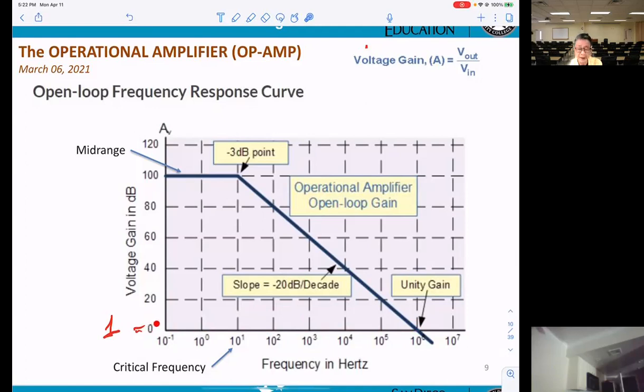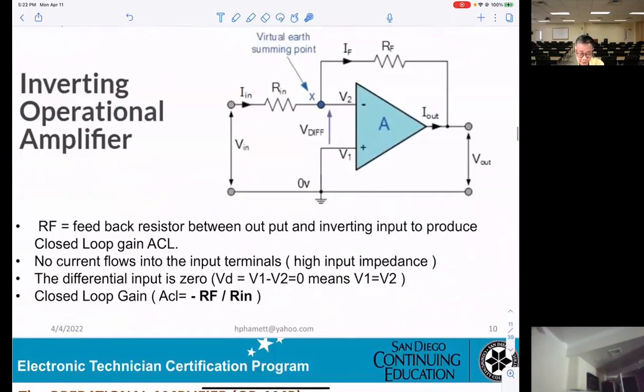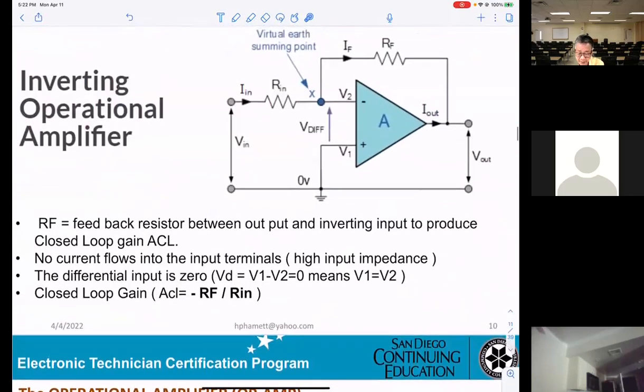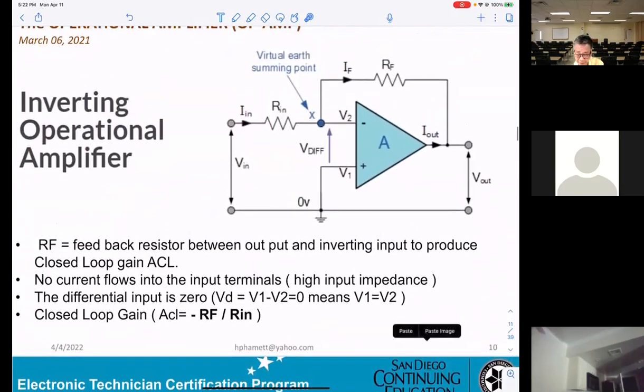If 0 dB is equivalent to the number 1, that's what they call unity gain. And also the bandwidth will be 0 up to 10 to the power of 6 hertz. That means 1 megahertz. That's what they call unity gain, gain equal 1.